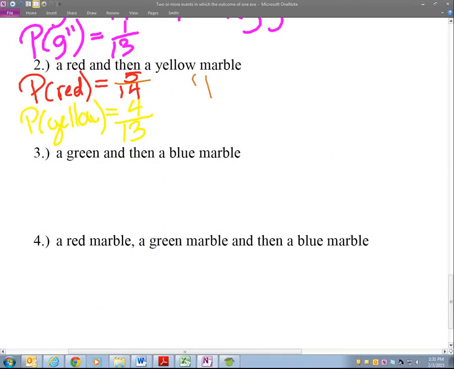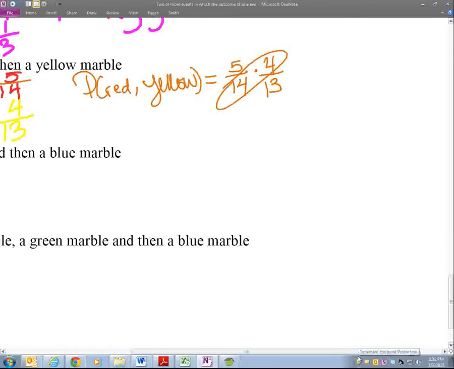So then the probability of red, then yellow, is going to be what? What am I going to do next? 5 over 14 times 4 over 13. Then if I want to cross simplify, I can. I'm going to take 2 out of here.